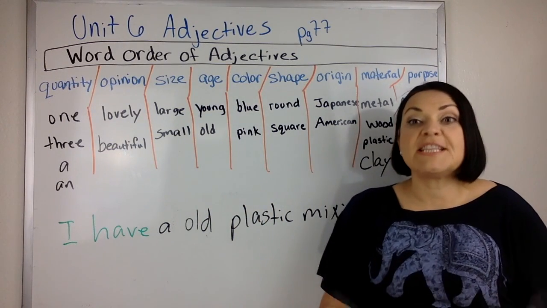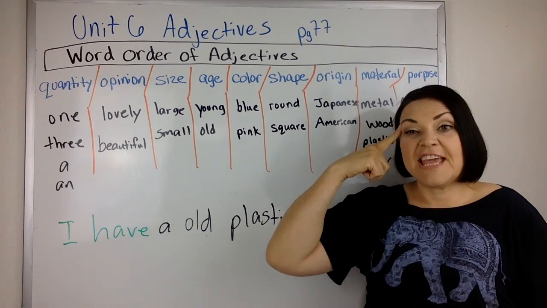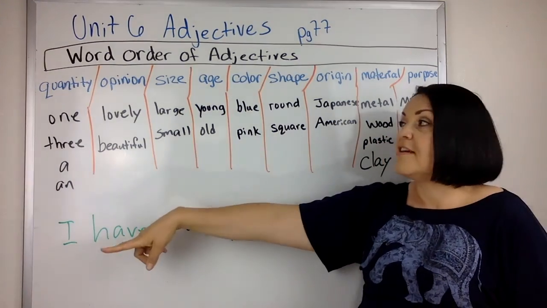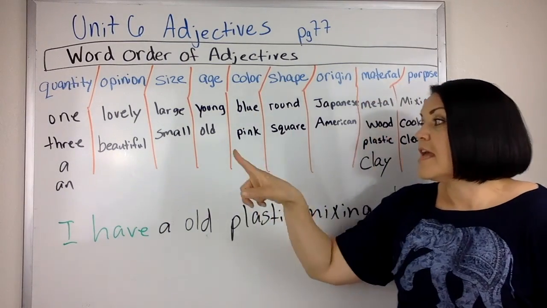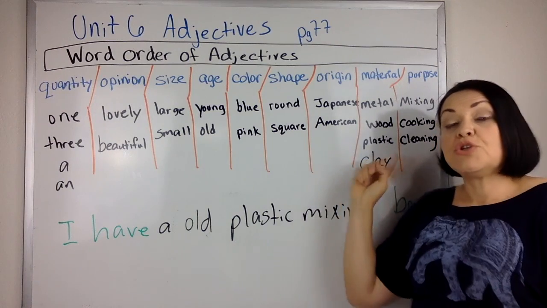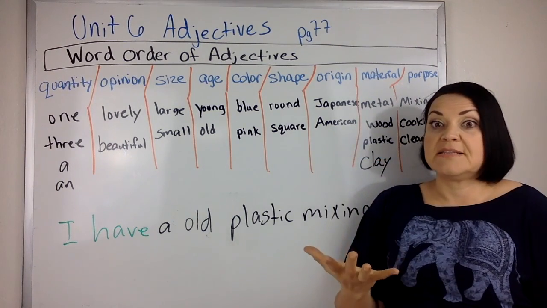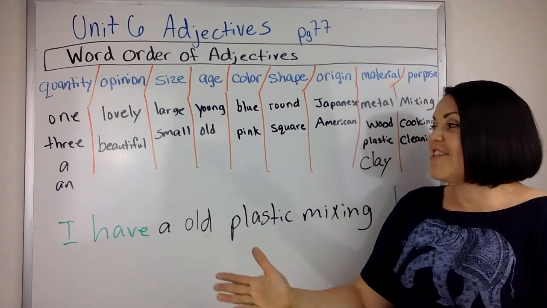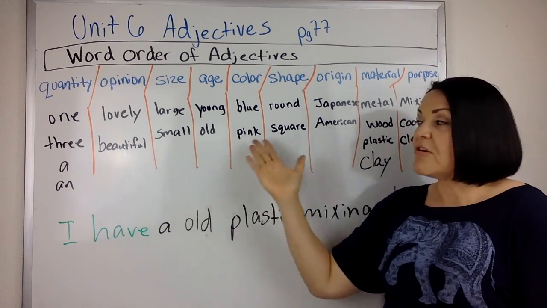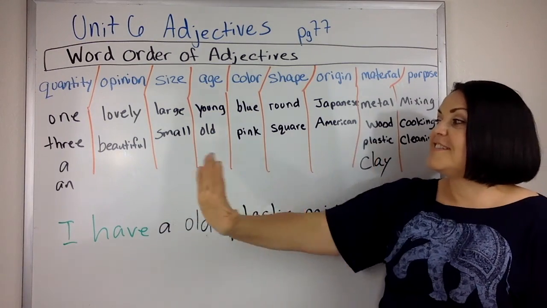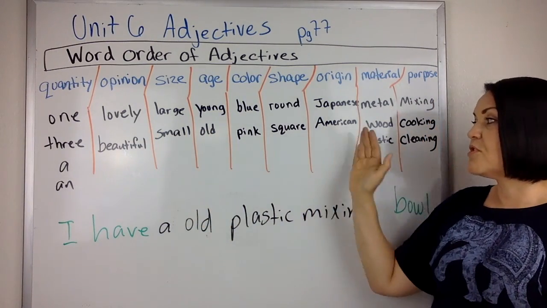So look at the list and then think, are they talking about size, opinion? Are they talking about the number, age, color, the shape, the origin? So you can use that list and try, and you can bring it to class, and we can do it together. Find your list of words and then make a chart and see where those words go.